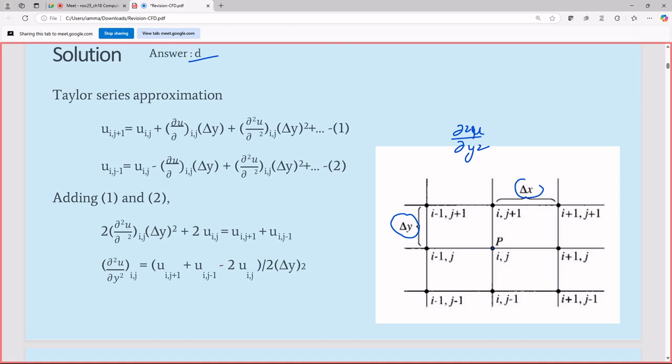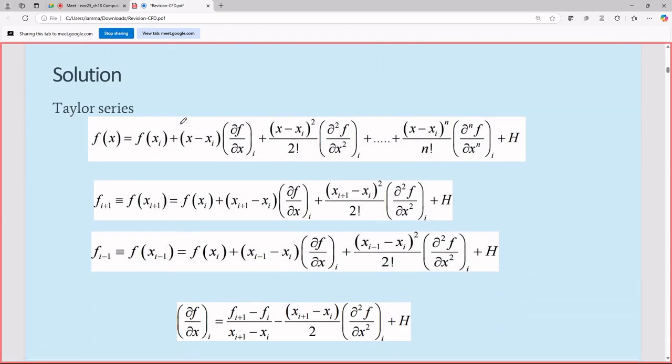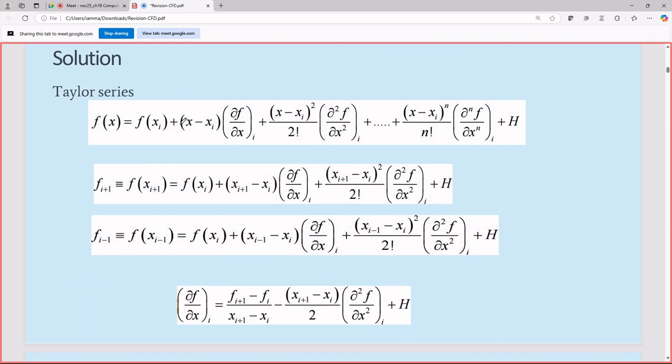If you recollect the Taylor series approximation, let us discuss how we will be using the Taylor series to approximate partial differential terms. First, let us see how the Taylor series can be used for this.